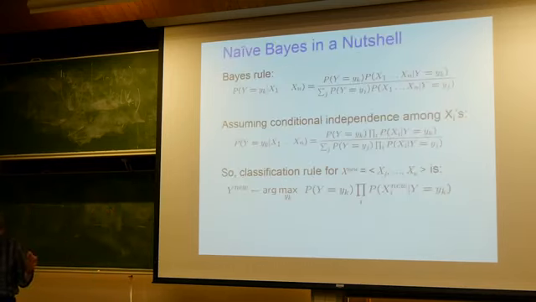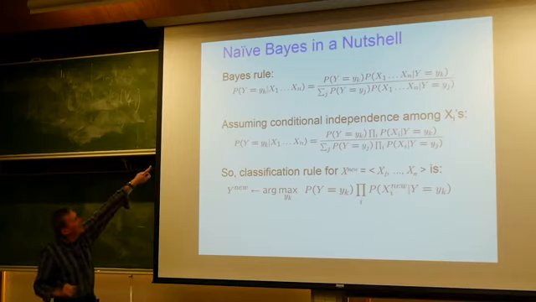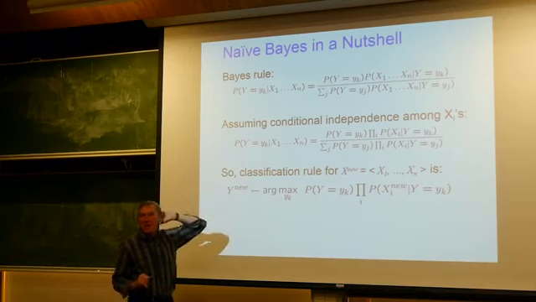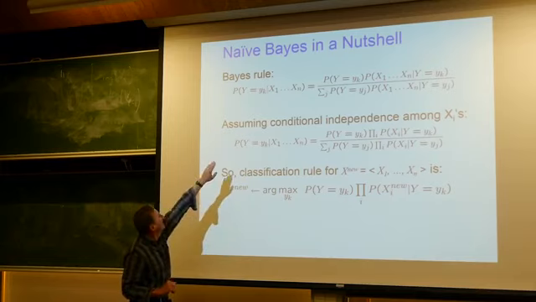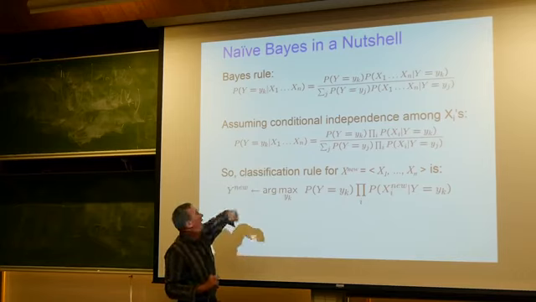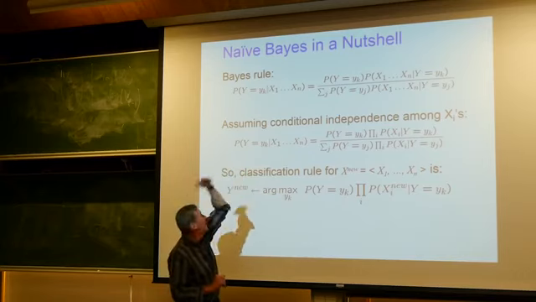But I want to start with naive Bayes in a nutshell. Naive Bayes just starts with Bayes' rule, which tells us, given any particular example described by our x's, what is the probability that y will take on any given value.